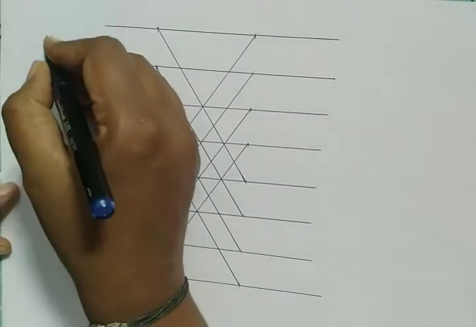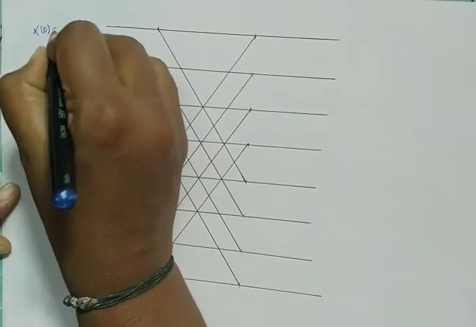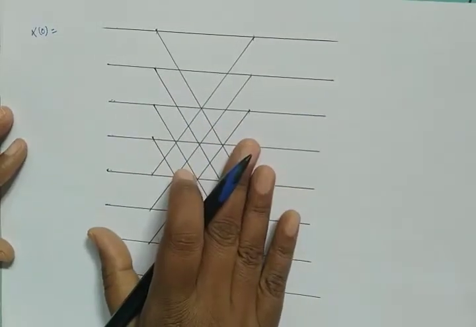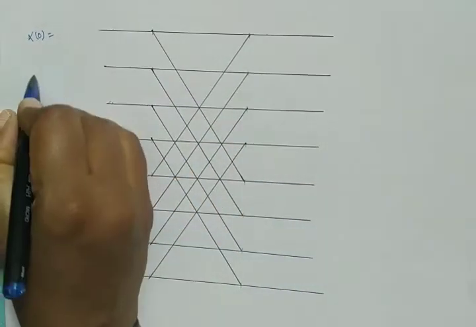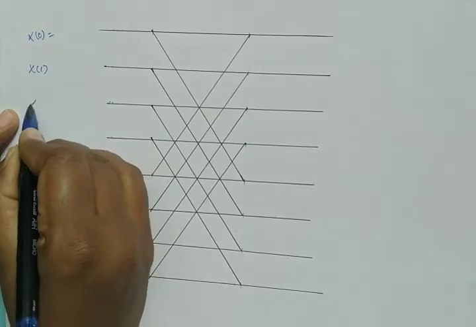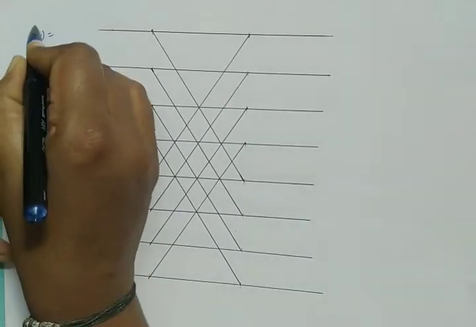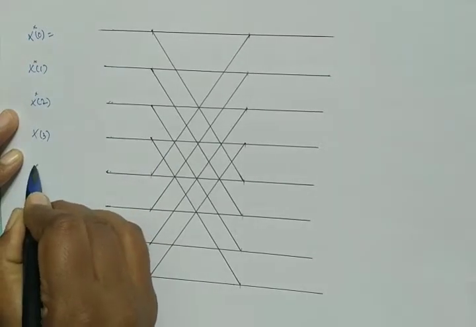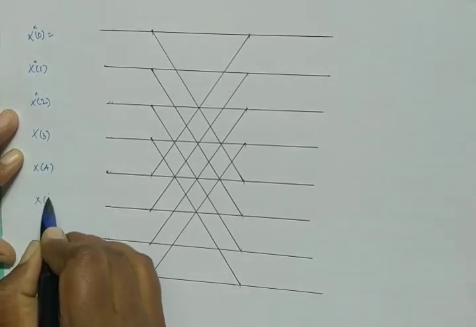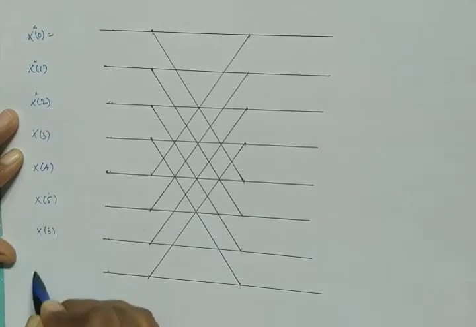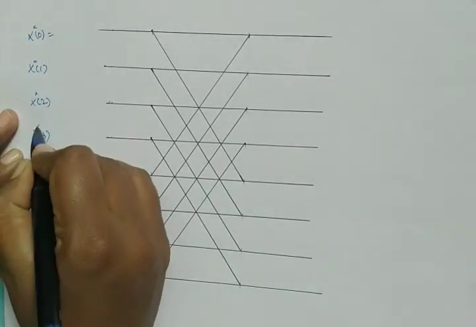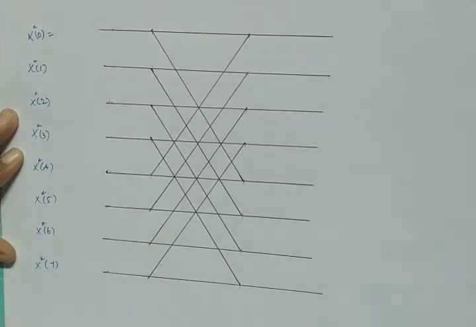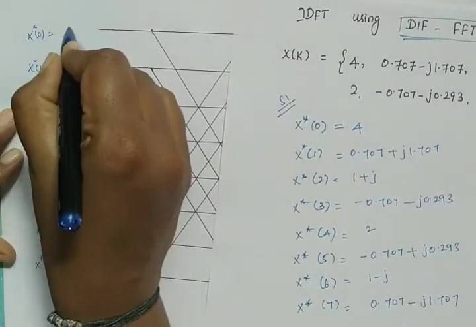So here we have X of 0, then X of 1, X of 2, X of 3, X of 4, X of 5, X of 6, X of 7, which are conjugates. Now write the values from here. Here it is 4.